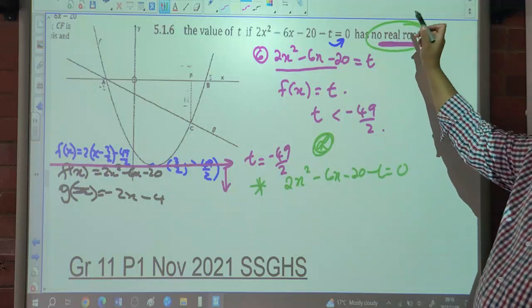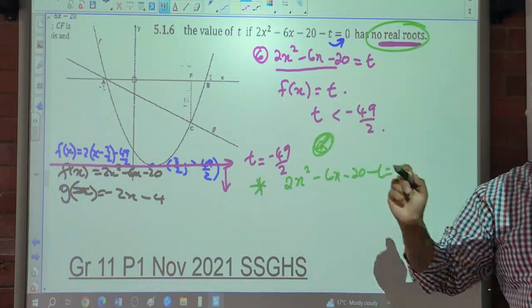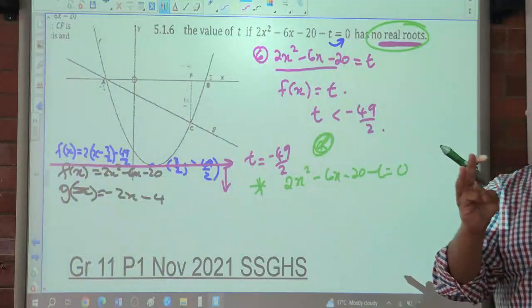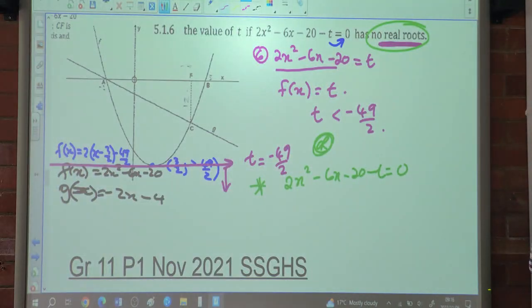If we had to say equal roots, then delta is equal to 0. If we had to say real roots, delta is more than or equal to 0. If we had said real and unequal roots, delta is more than 0. If it only says real, the delta can be 0 or it can be greater than 0.